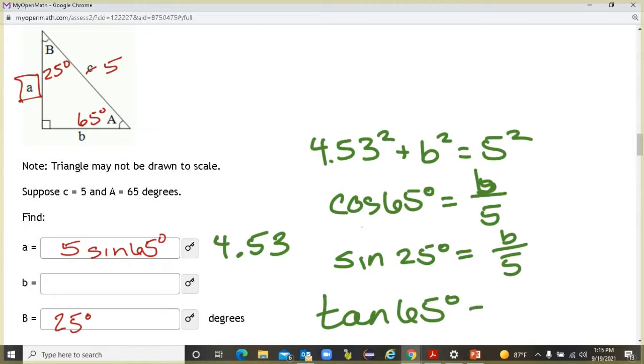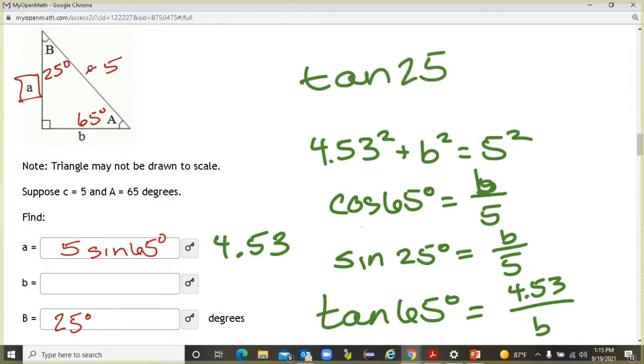There are so many different ways to do this. Tangent is opposite over adjacent. So you could do tangent of 65 is A over B, or tangent of 25, which would be opposite over adjacent. And so solve any of those.